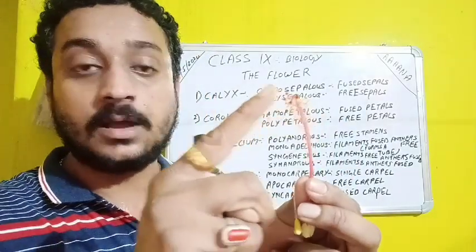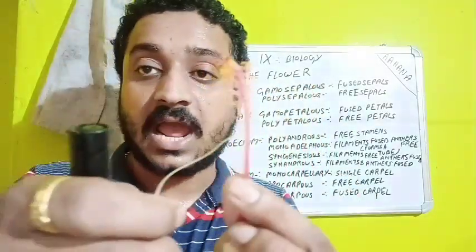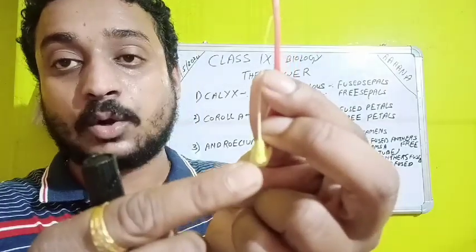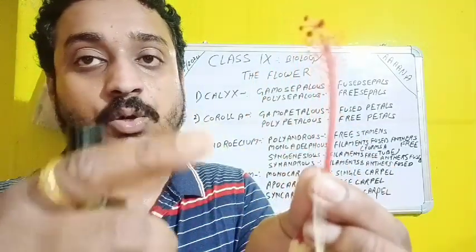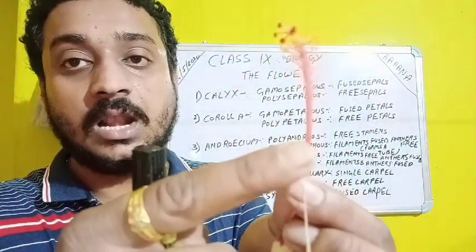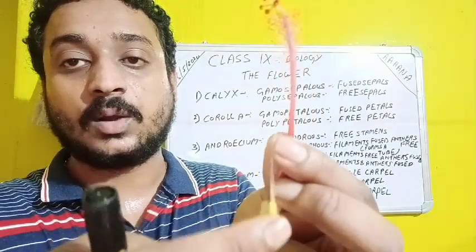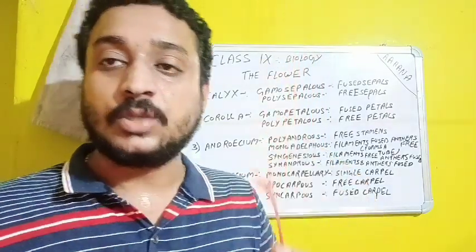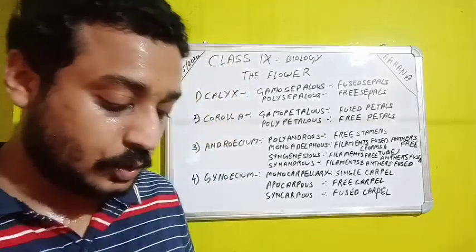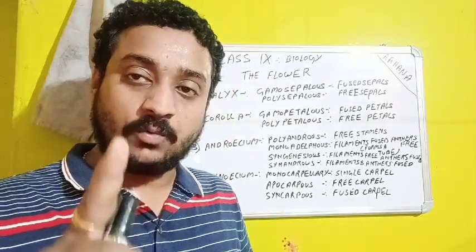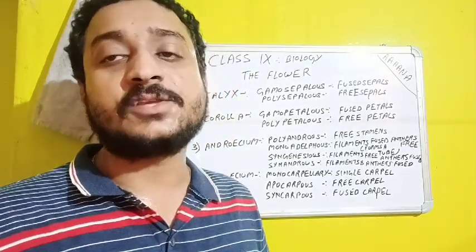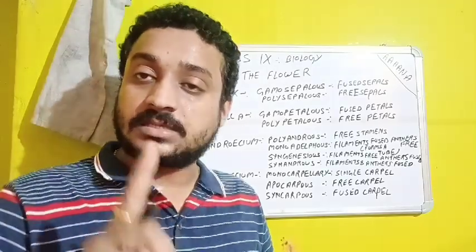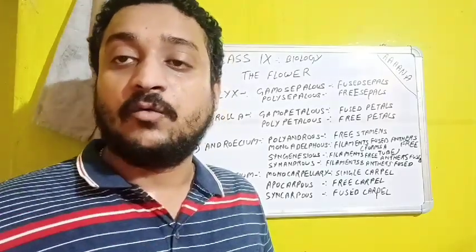This part is the stigma, the thread one is the style, and the bottom structure, the one which is hanging, is the ovary. The ovary consists of egg cells. So carpel comprises three parts: stigma, style and ovary.